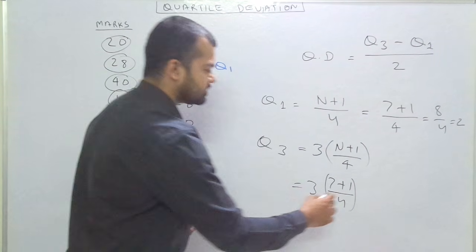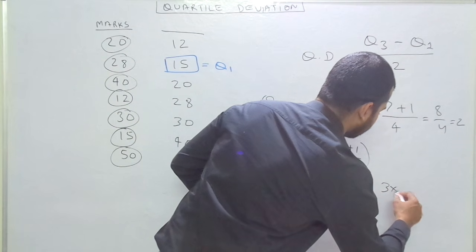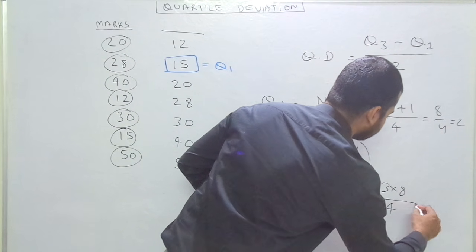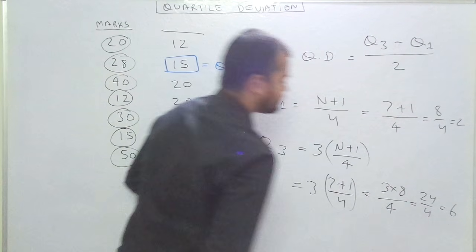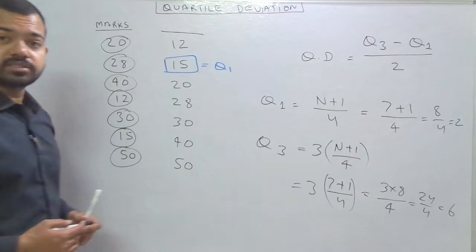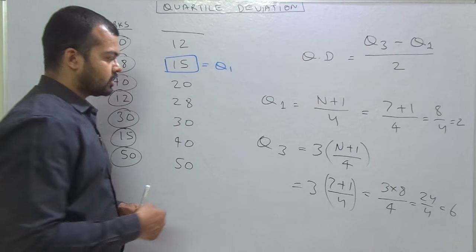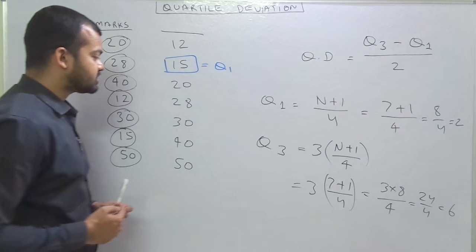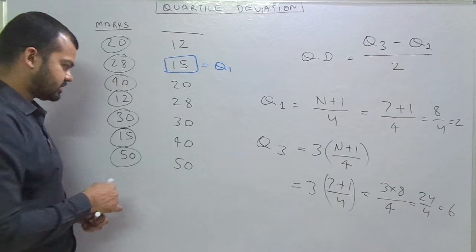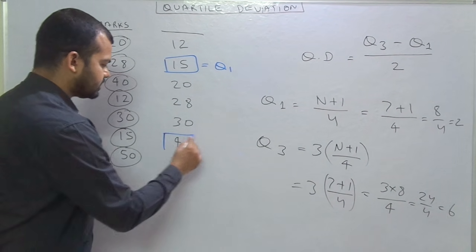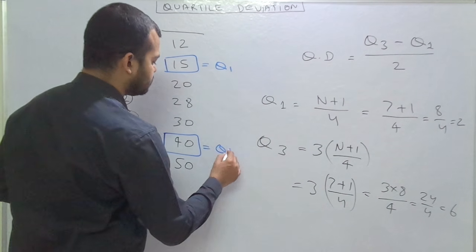So 3 into 8 divided by 4, that is 24 divided by 4, which is 6. So the Q3 value is the sixth item, 1, 2, 3, 4, 5, 6. So 40 is the value for Q3.